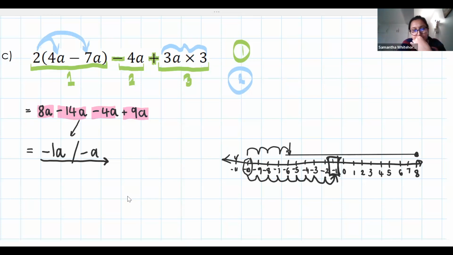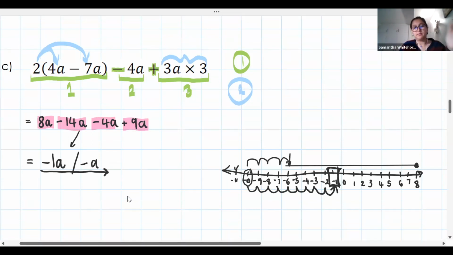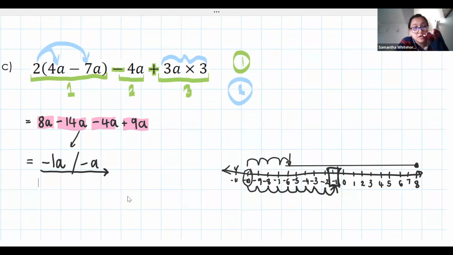Isn't it two groups because there was a bracket here, the 2 comma 4a minus 7a close bracket? Isn't that one term, right? And then minus 4a. I thought that was minus 4a plus 3a times 3. I thought that was another term.